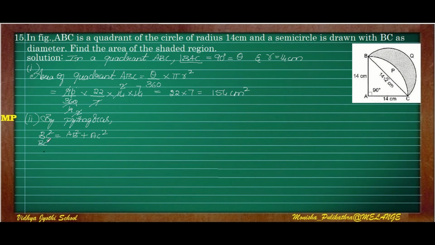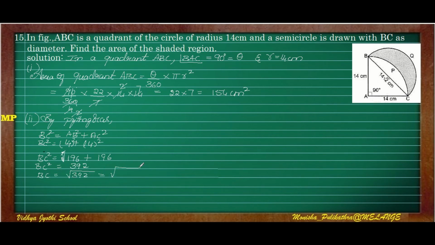So BC square is equal to AB is 14 and AC is also 14, so 14 square. So BC square is equal to 196 plus 196. So BC square is equal to 392. So BC is equal to square root of 392.